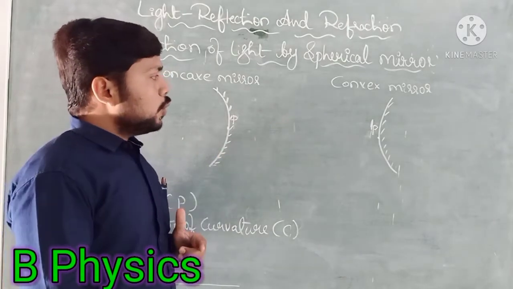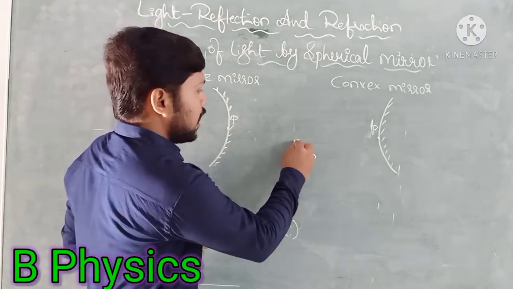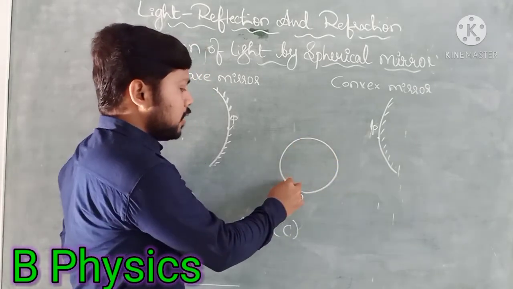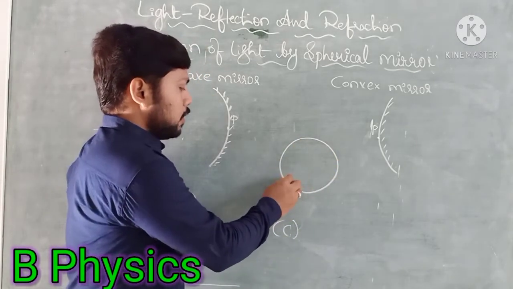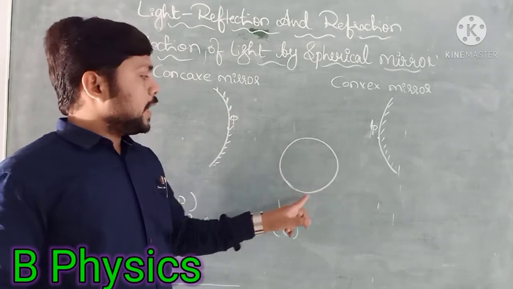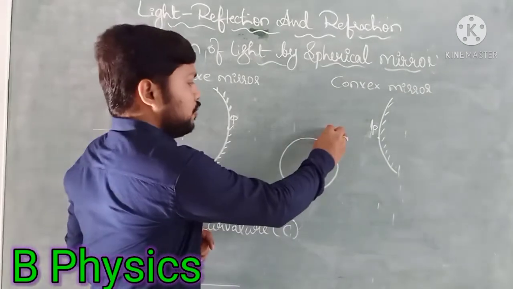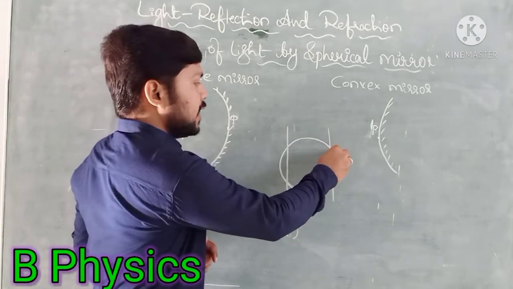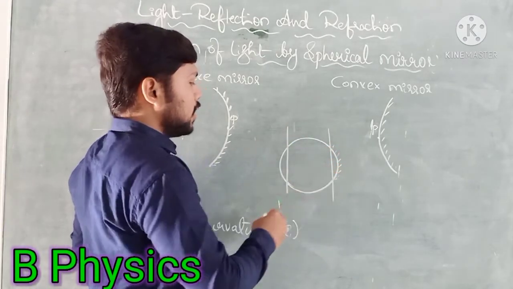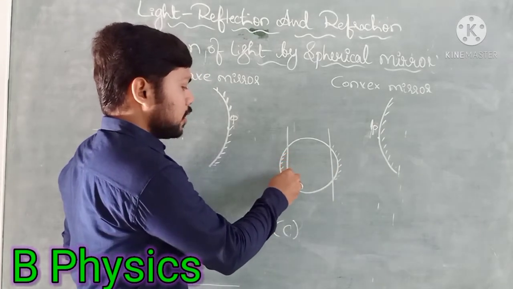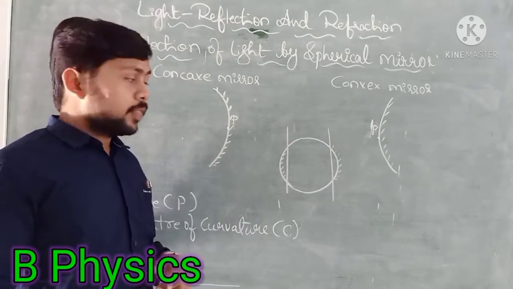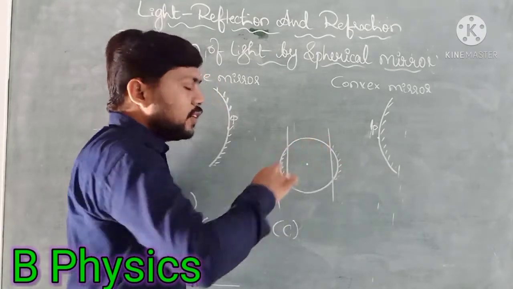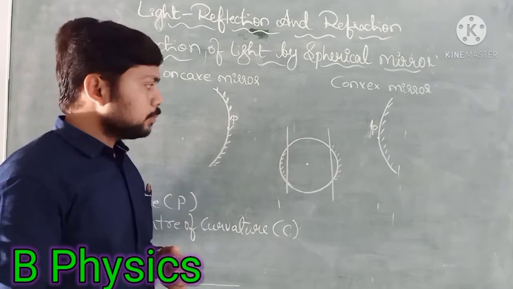See, these two types of mirror are part of a sphere of glass. If you cut a sphere of glass, you will get a concave mirror as well as a convex mirror. And this is the center of the sphere of glass.